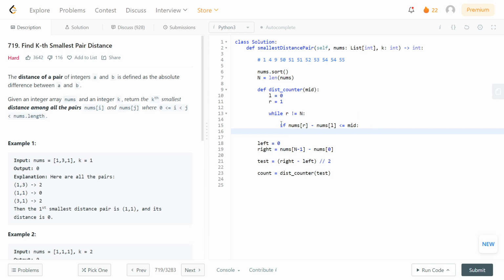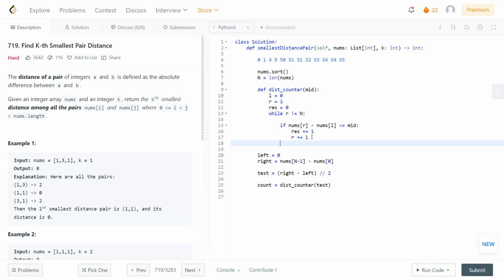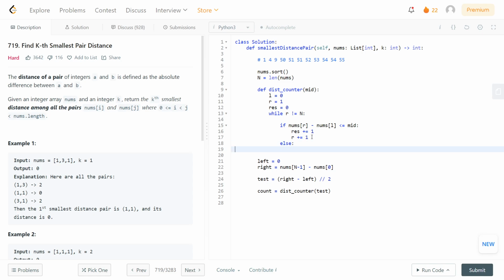We need some variable to store the return value. So output res is equal to 0. We'll increase res plus equal 1, and we increase right by 1. Else, if it's not, so it's too big, we need to update our left pointer. So left plus equal 1.